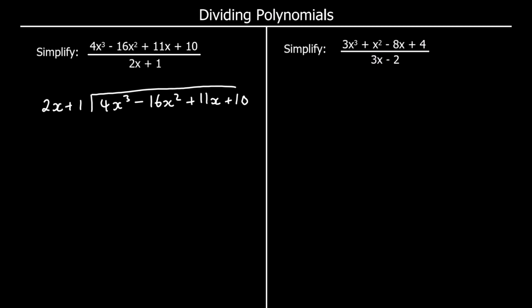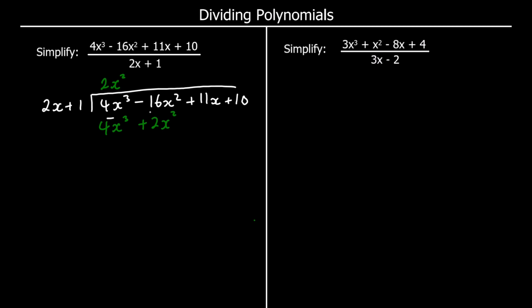So following the same steps, 4x cubed divided by 2x is going to be 2x squared times by 2x squared. So 2x squared times 2x is 4x cubed. 2x squared times 1 is 2x squared.